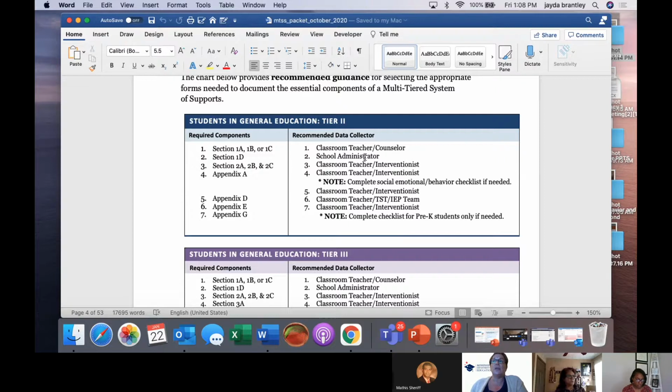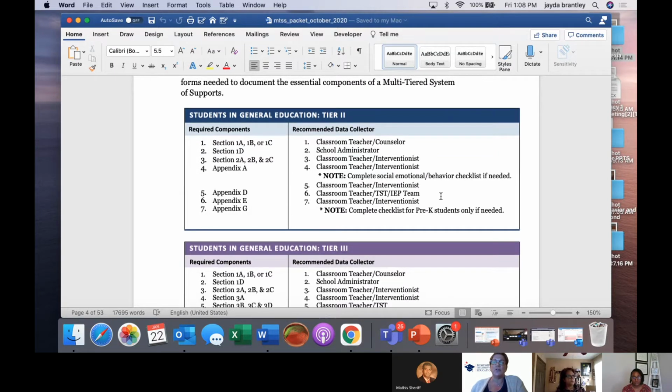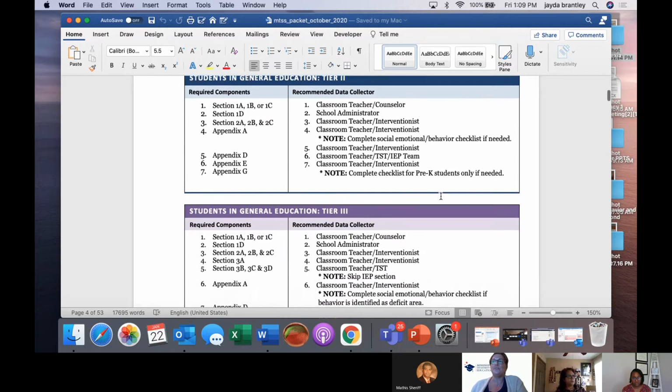And then the recommended data collector roles are really up to you as a school or as a district. We recommend certain people complete certain pieces. However, we know that due to capacity, sometimes people make changes, and we're flexible with that as far as who is in charge of each piece.